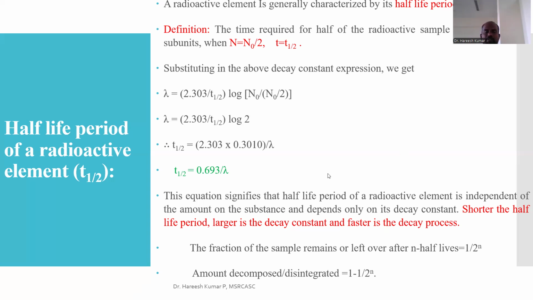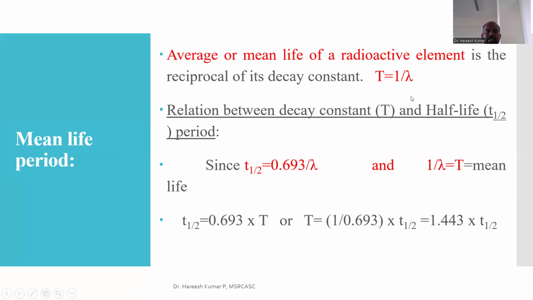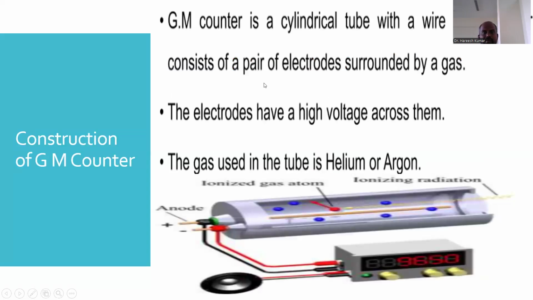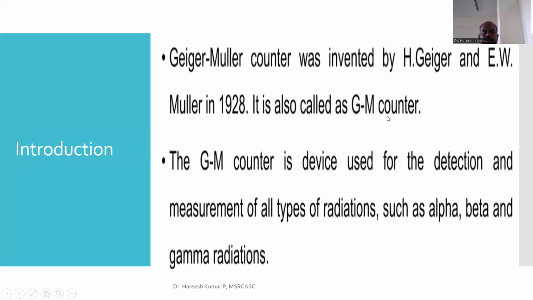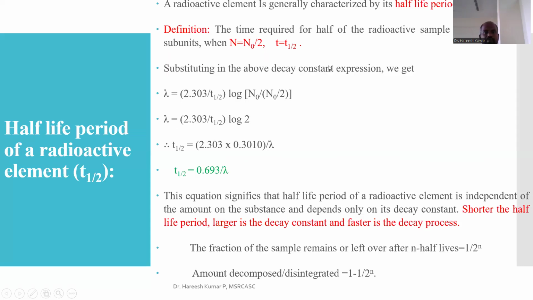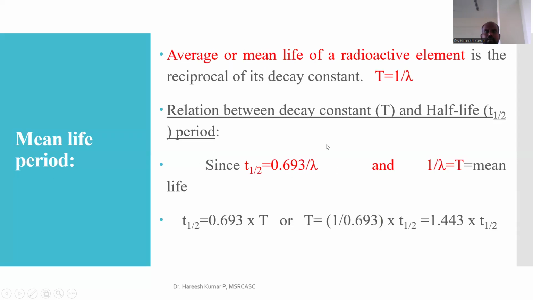In the next slide, we'll discuss average or mean life. Average or mean life of a radioactive element is the reciprocal of its decay constant.